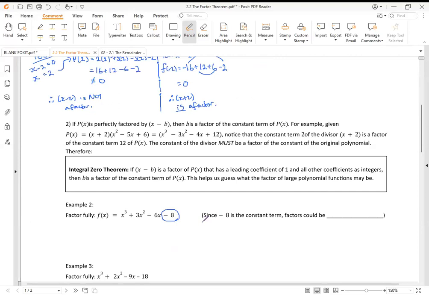I'll say that one more time. If I have a factor, let's highlight that. If the factor I'm talking about is indeed true for a polynomial with a leading coefficient of 1 and all the other coefficients are integers, then the number that I am looking for, the b value, is also a factor of negative 8.